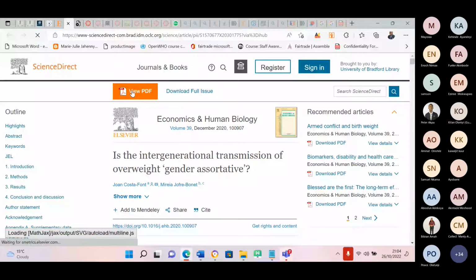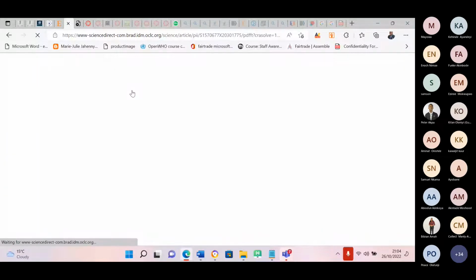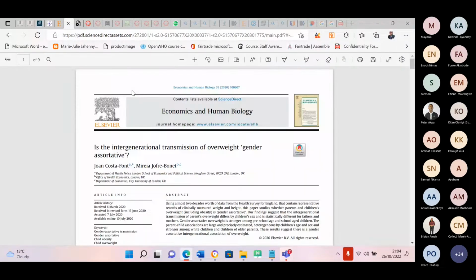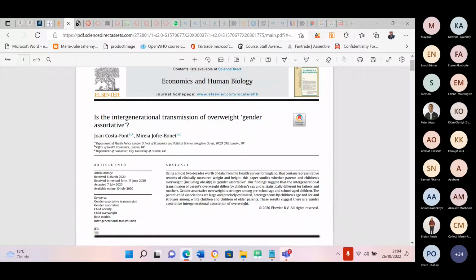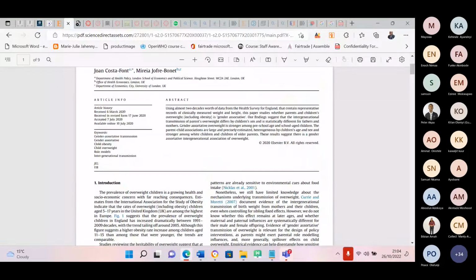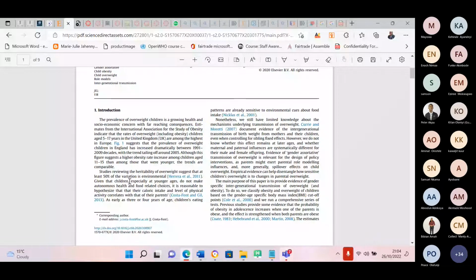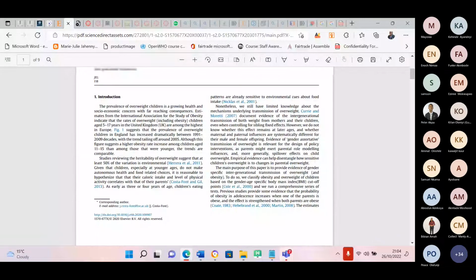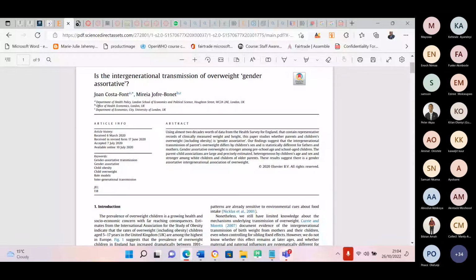Let me assume I got 10 articles, I've read the abstracts, and the abstracts address my topic. Then you now read the full text. And in reading the full text, that is where we enter into the journal.